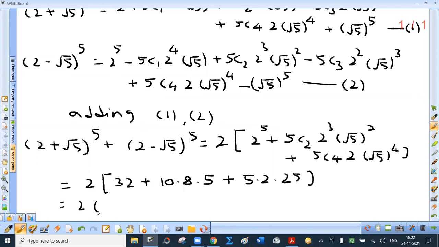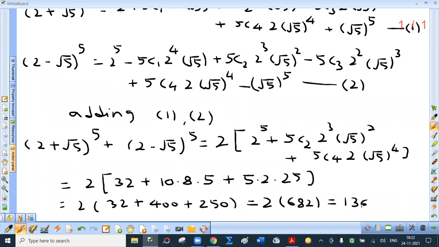So this is 2 into (32 plus 400 plus 250) amounts to 682. Just check this. 682 into 2, so 1364. Right now.